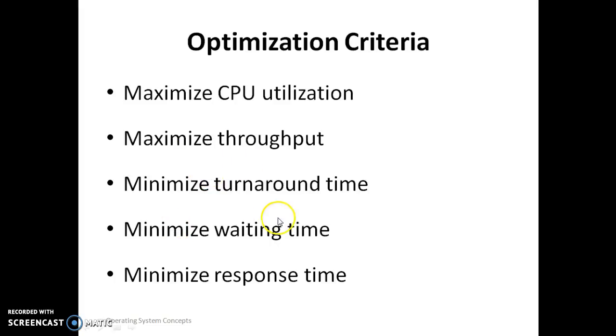Next, we try to minimize waiting time, meaning processes should avoid waiting instead of being executed. During the waiting time, processes hold resources that are of no use during their execution. That's why we try to minimize the waiting time.